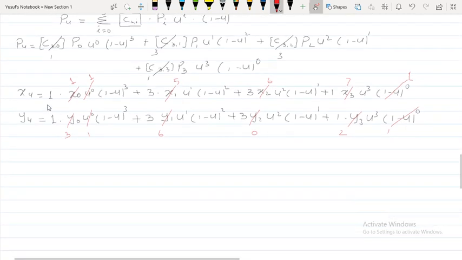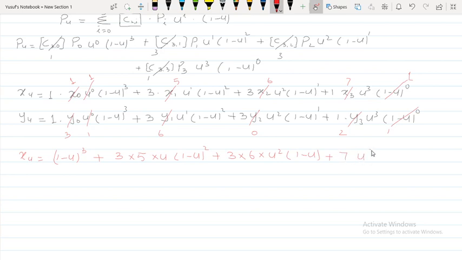So again I can write the equation in simplest form: x of u will be 1 (1 minus u) cube, plus 3 into 5 into u (1 minus u) square, plus 3 into 6 into u square into (1 minus u), plus 7 u cube. (1 minus u) raised to 0 will be 1.